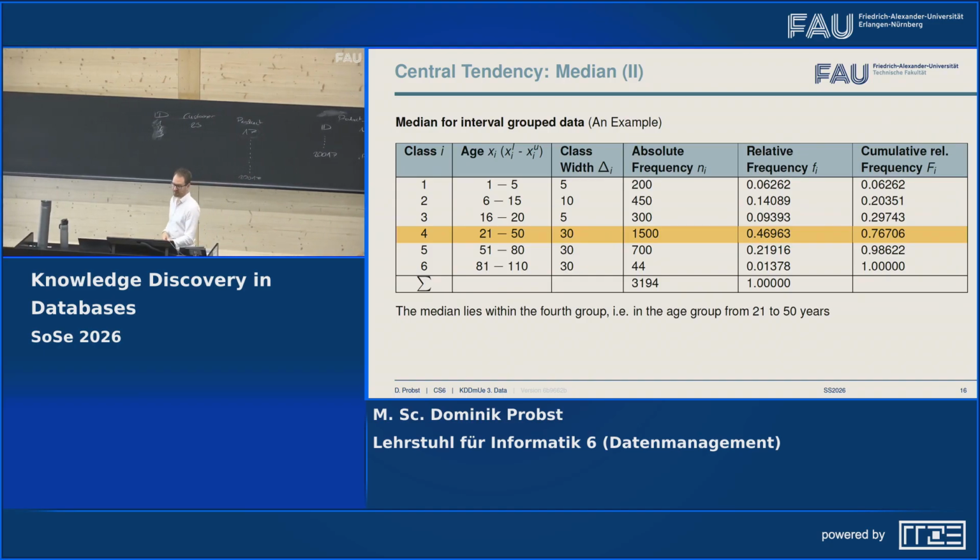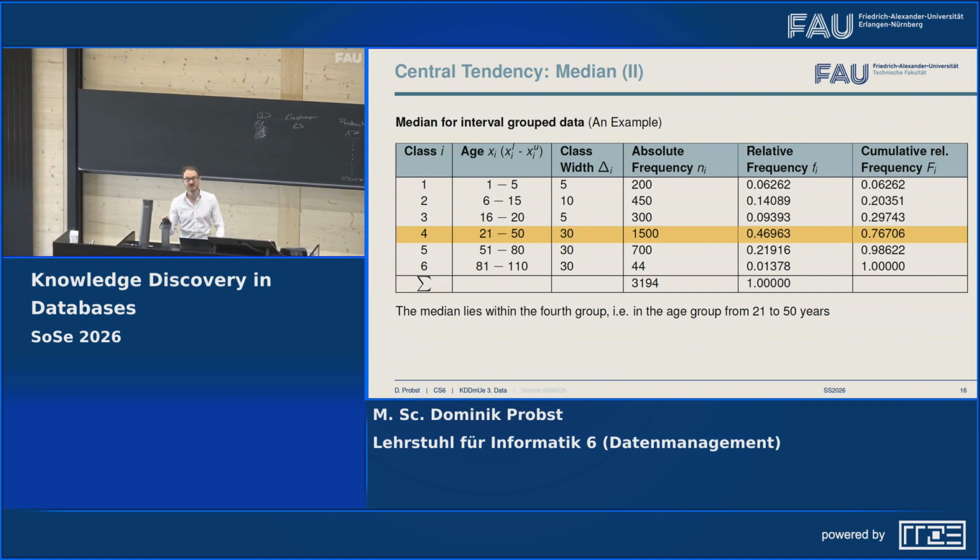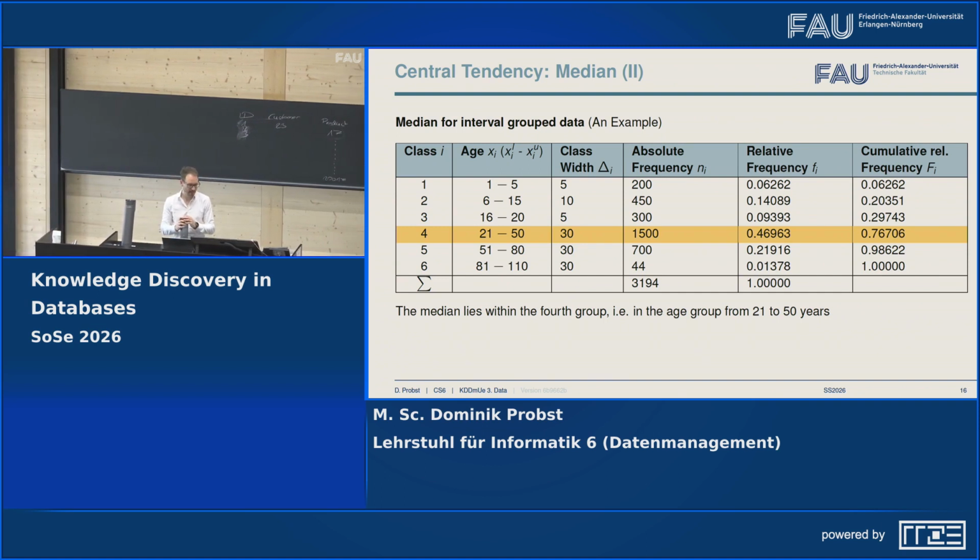But for median, we can also talk about the central tendency for interval grouped data. Interval grouped data is data sets where we already merge data into more compact, aggregated data sets.